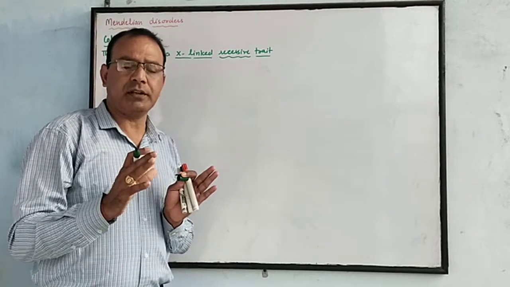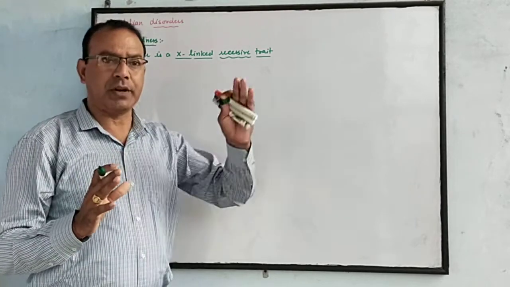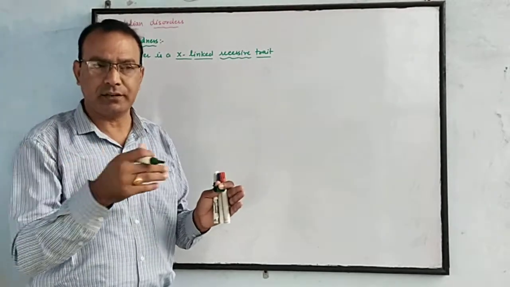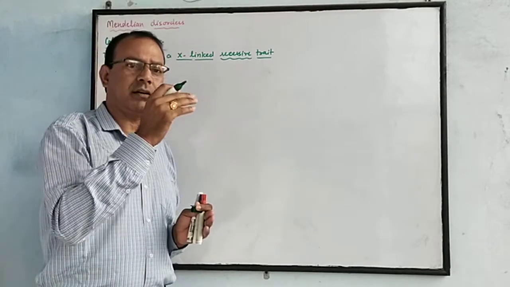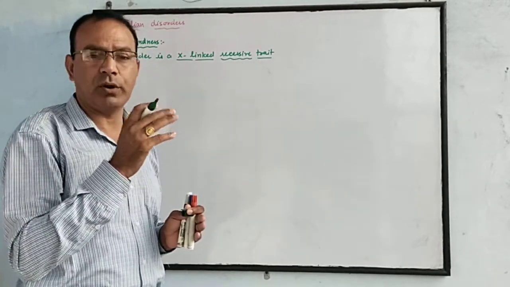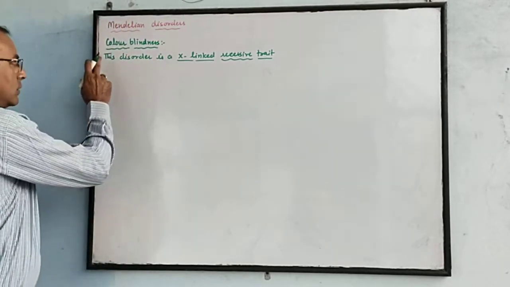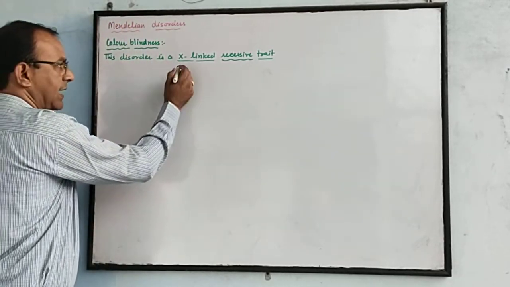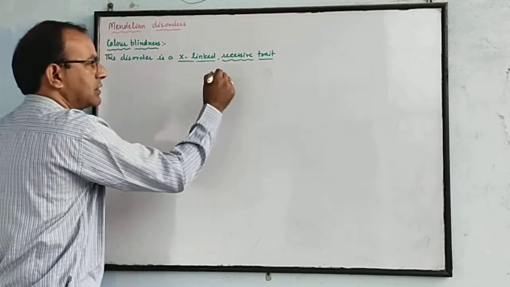It is the process in which traits can be transferred from grandfather to grandson through his daughter, and from grandmother to granddaughter through her son. Color blindness is an X-linked or sex-linked recessive trait or disorder.